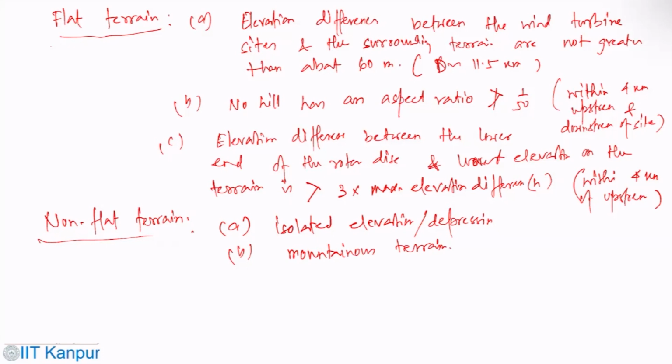Okay. So obviously we do have different kinds. Flow conditions in mountainous terrains are complex because the elevation and depressions occur in random fashion. Flow in such terrain can be divided into two classifications, small and large scale.